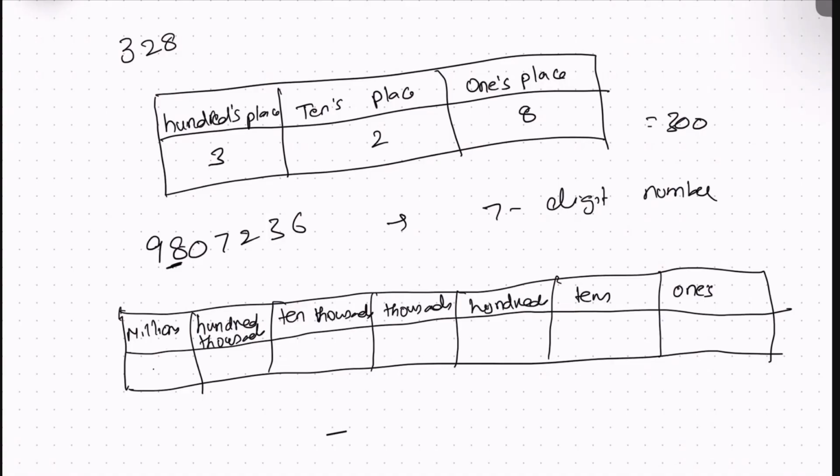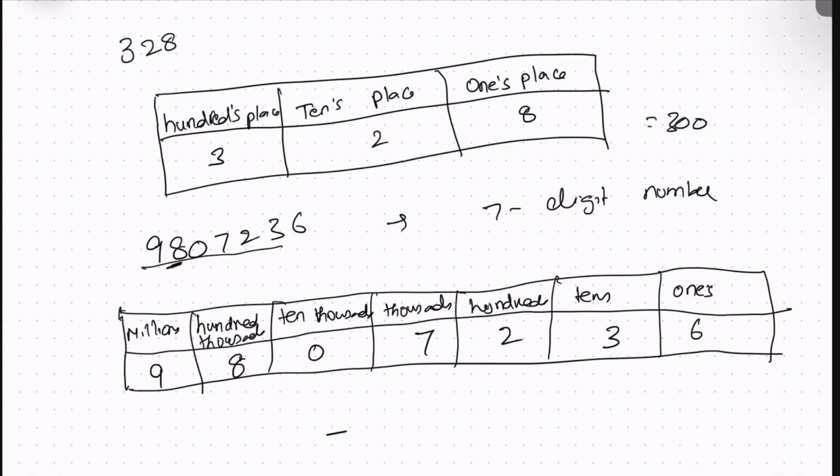Now write the number in this chart, taking each digit and properly placing it into the corresponding block. Just write the number from left to right: 9, 8, 0, 7, 2, 3, 6. If I ask for the place value of any digit in this number, you can right away answer without calculating. Say for example, if I ask you for 8 or 3 or 2, previously, when you had a number without the chart, you needed to calculate every time which place the digit sits in, right?